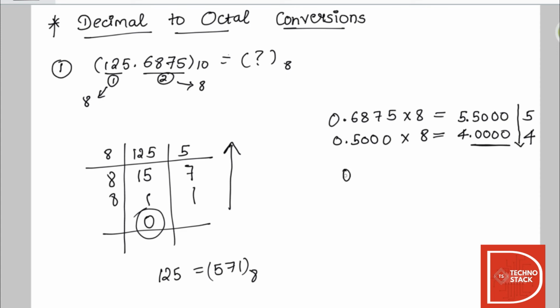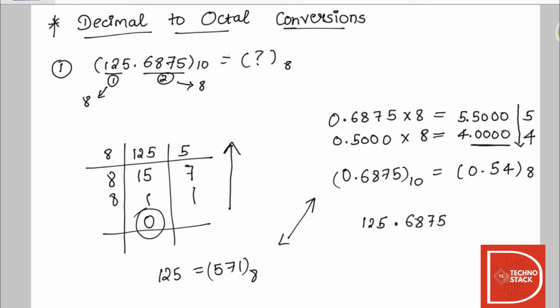So 0.6875 of decimal is equal to 0.54 of octal. So together, combining both of them, we get the answer: 125.6875 of decimal is equivalent to 571.54 of octal.